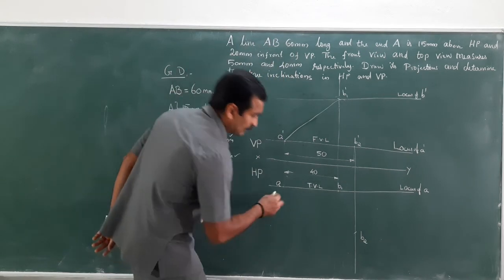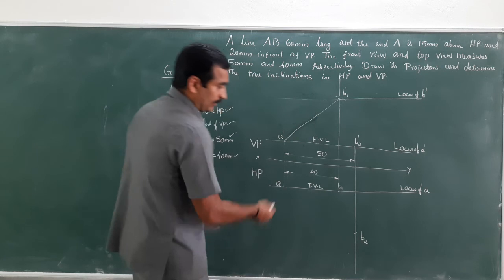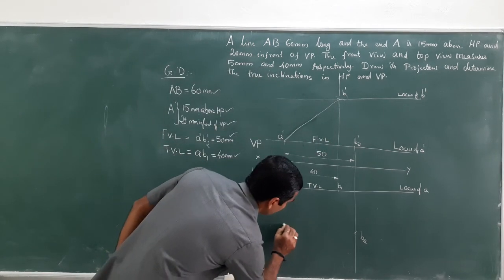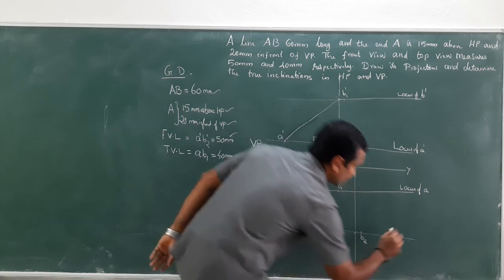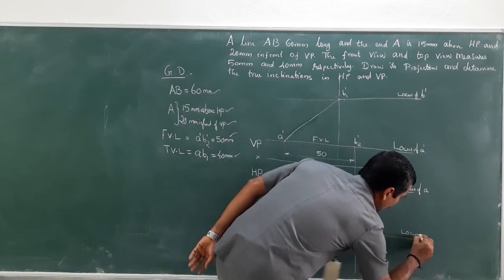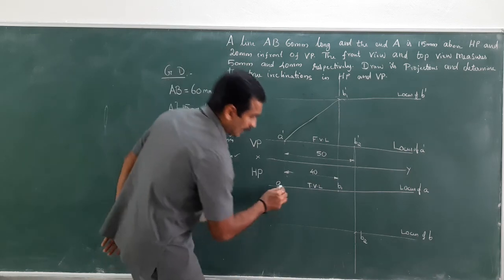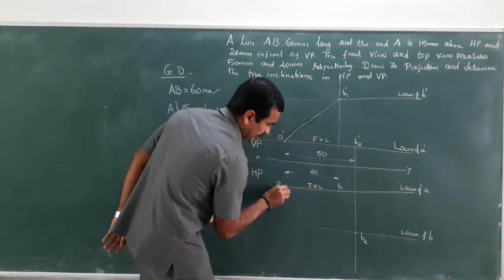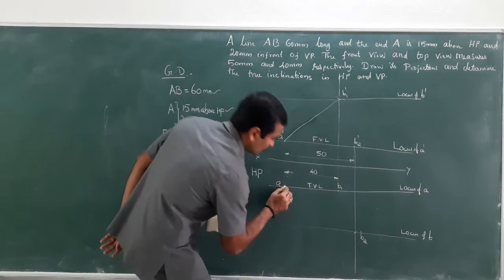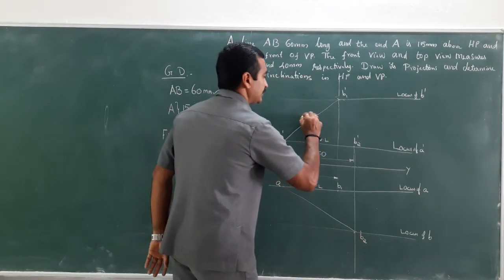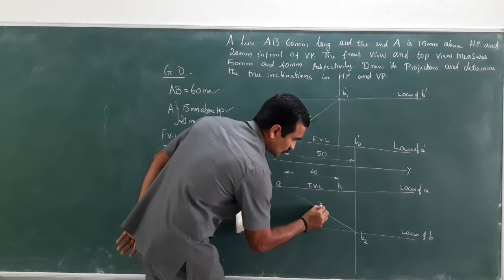Now let me draw a line parallel to XY. This is the locus of B. Now connect point A and B2 with a thin line. So this is the true length, and this is also the true length.